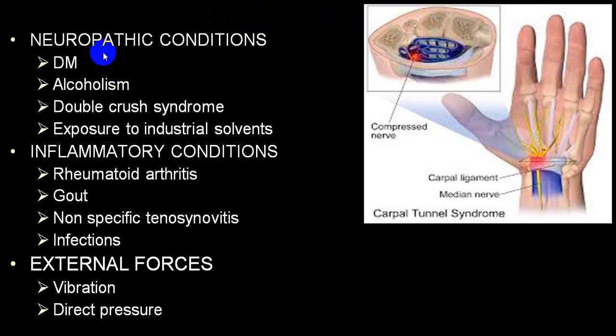So some of the neuropathic conditions like diabetes, alcohol, double crush syndromes, exposure to industrial solvents, inflammatory conditions like rheumatoid arthritis, gout, tenosynovitis, infections, etc. And some of the external forces which produce injury, like vibration injury or direct pressure because of repetitive movements.